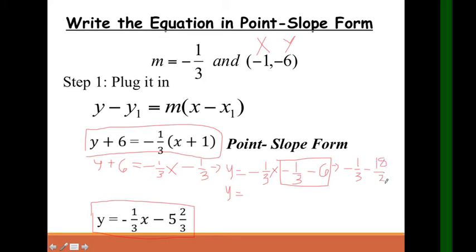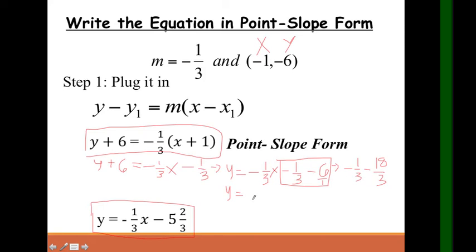So, kumbaga, mag-multiply ka ng 3 kay 6, so magiging 18. In the integers, meron siyang 1 sa baba, okay? Kasi it's a rational number. So, maglalagay ka ng 3 dyan, mag-multiply ka ng 3 sa 6, at mag-multiply ka ng 3 sa 1. So, magiging 18/3. So, pareho na sila ng denominator.